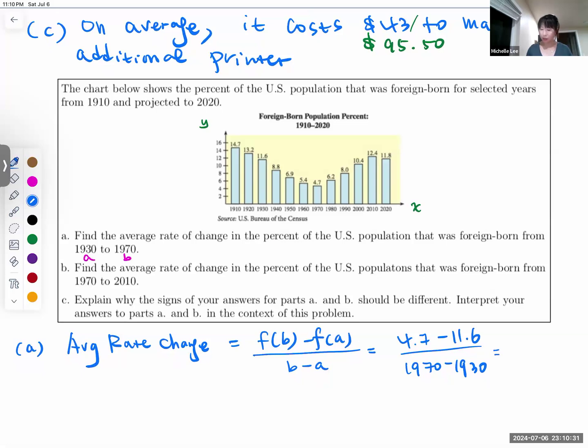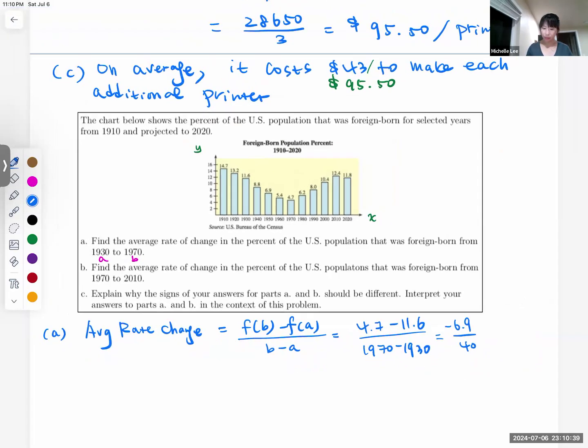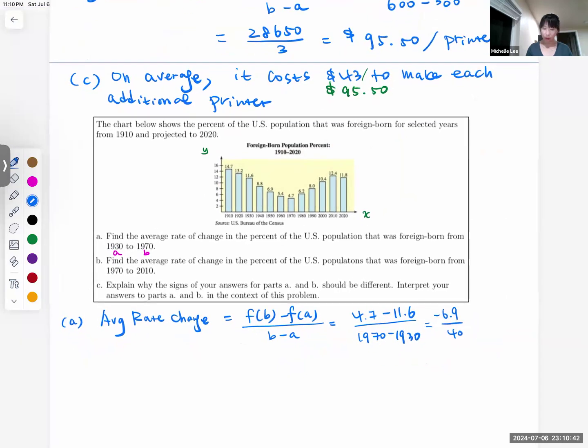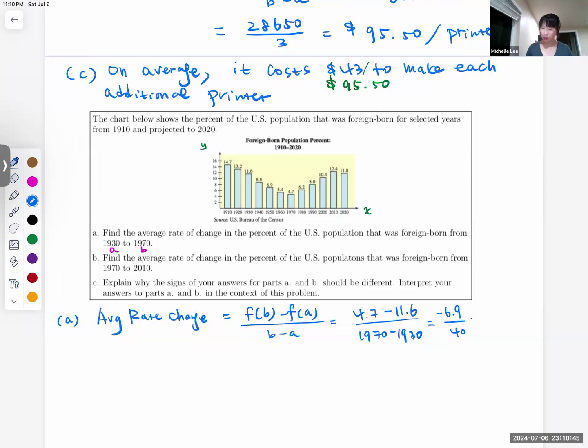Let's calculate. So numerator has negative 6.9. Denominator has 40. Okay, then the final answer is negative 0.1725. This is a percent per year. This is not decimal.